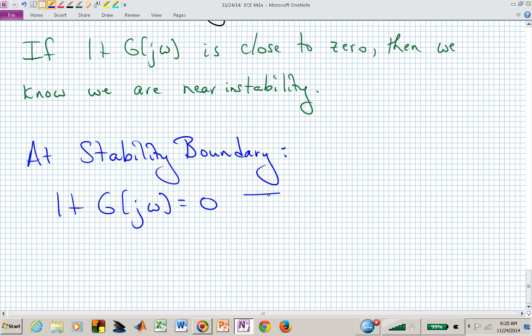Or, doing what we've learned how to do, we could relate that to just the transfer function G, by isolating G of j omega in that equation, and we see that that now says, oh, if G of j omega is close to a magnitude of 1 at an angle of minus 180, then we are close to this stability boundary.